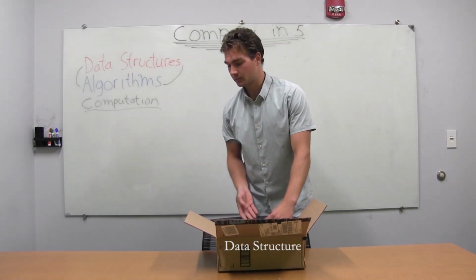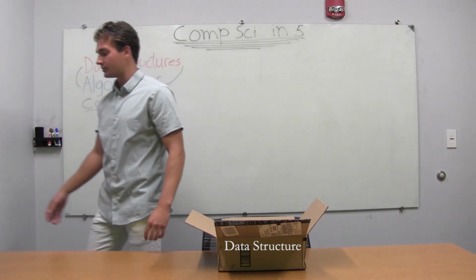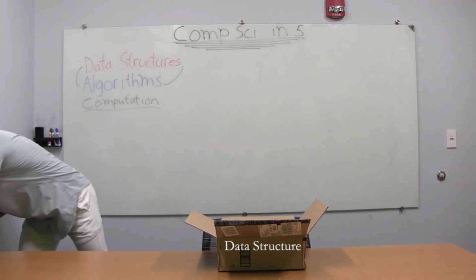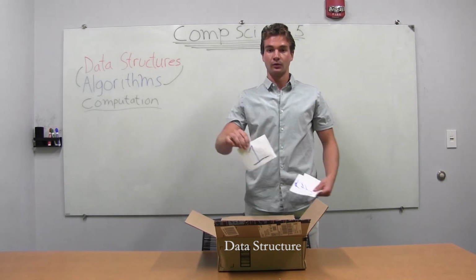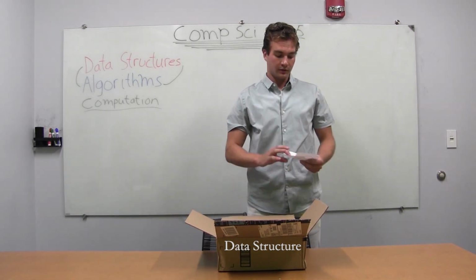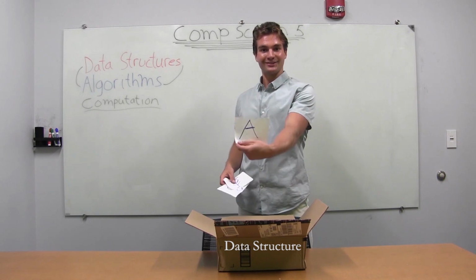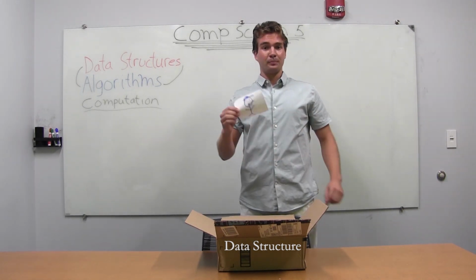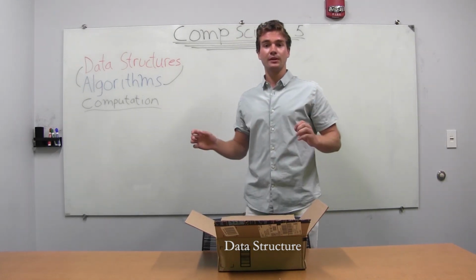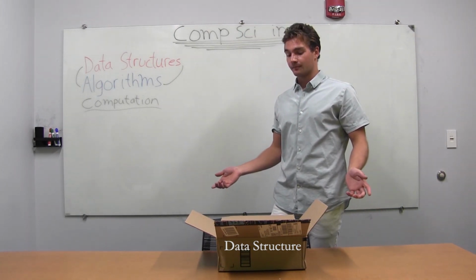It's just a container to hold some information. And like we know, boxes, these data structures, can hold anything. They can hold numbers, letters, symbols, or even pictures, right? It's really only limited to your imagination.